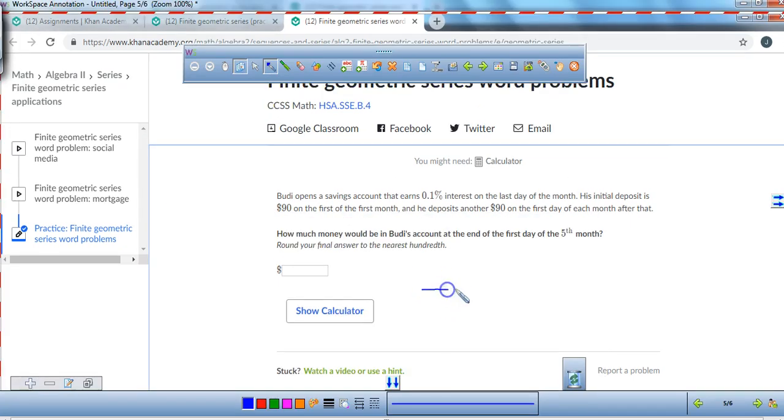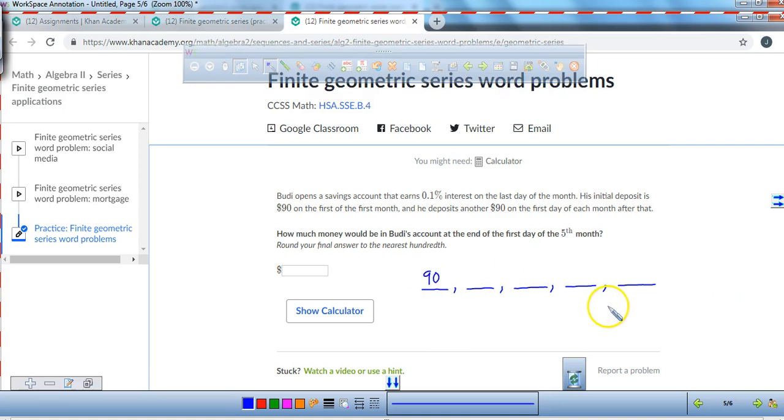We're going to do it the slow way, and then we're going to do it the long way. So we're going to start with $90. If it's 0.1% interest, if I divide that by 100%, we move the decimal over 2 places, so it's going to be 0.001.